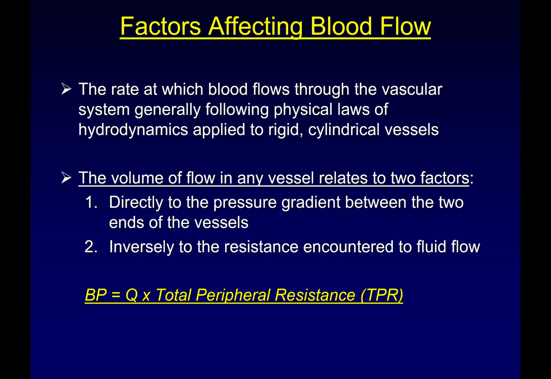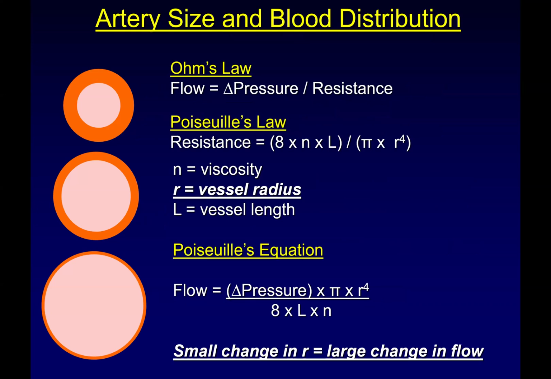How easy or difficult is it for blood to move through this system? So when blood pressure goes up, you can move more through. When total peripheral resistance goes down, we can move more through. And I'll show you guys the math of all of this.